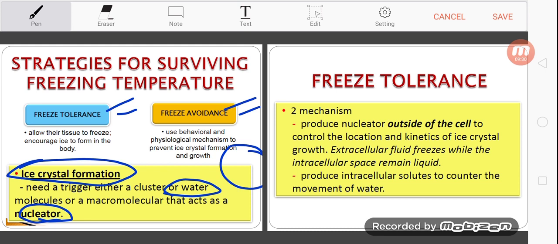Once in the cell we have one nucleator, or one ice crystal formed, it will attract other water molecules to freeze also. Okay, so inside the cell will freeze.